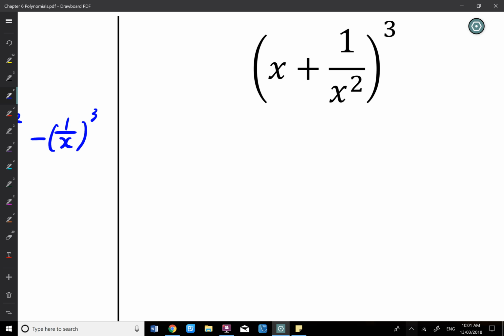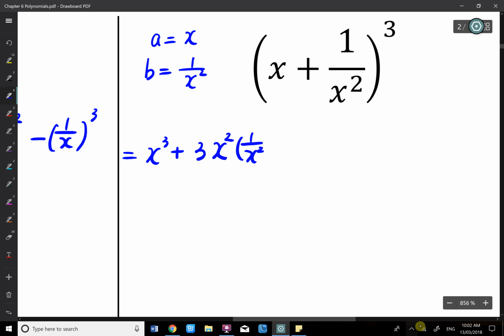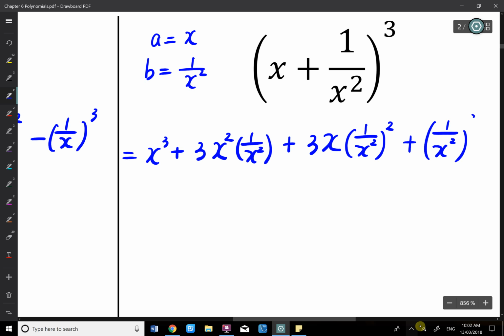Next one is a plus b cubed. So a is x, b is 1 over x squared. That will be x cubed, a cubed plus 3a squared b plus 3ab squared plus b cubed.